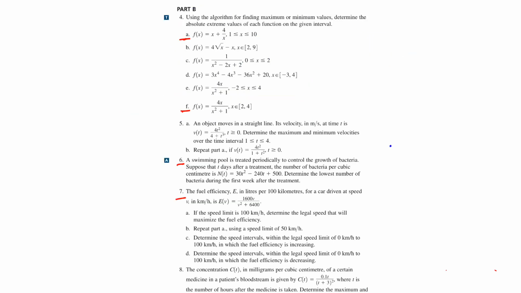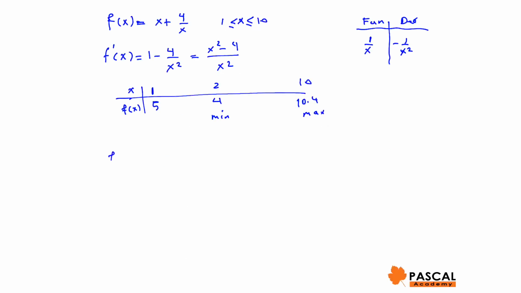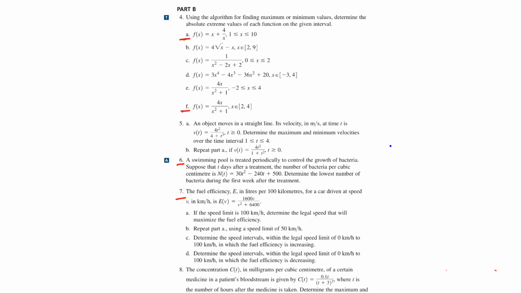The next part, f(x) = 4x/(x^2 + 1), x between 2 and 4. To find the derivative, we use the quotient rule.